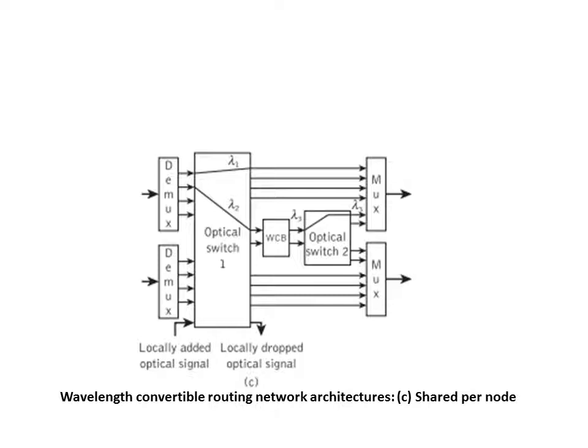So there are 2 switches, optical switch 1 and optical switch 2. Lambda 2 will be converted into lambda 3. Later, through optical switch 2, that will be connected to the MUX. So this is the wavelength convertible routing network architecture on the basis of share per node.